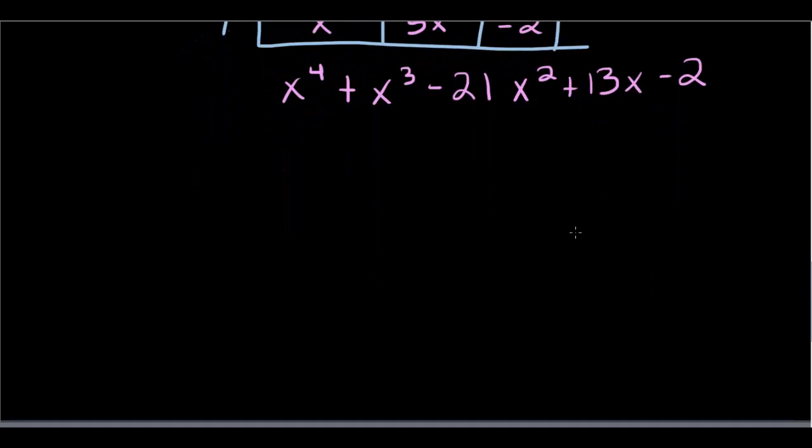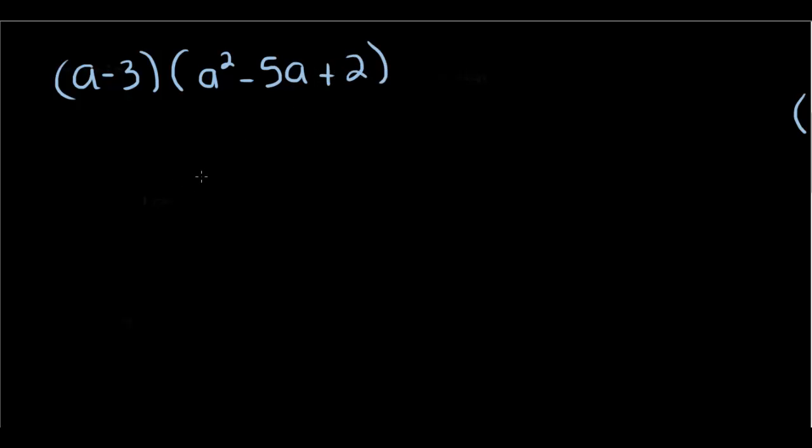Let's try another one. Okay, so we are going to try a minus 3 times a squared minus 5a plus 2. So we're going to create our box.